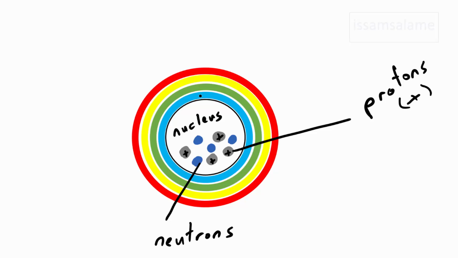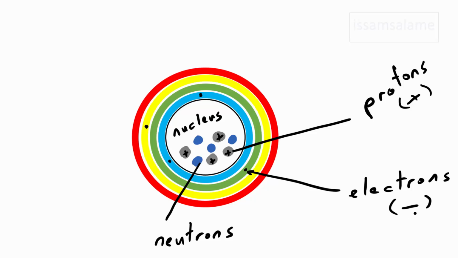Now around the nucleus we have something called electronic shells. In fact, these electronic shells are not circular. I drew them like this just to make it easy for you to imagine how we're going to distribute the electrons on these shells. On these shells we have tiny particles called electrons.